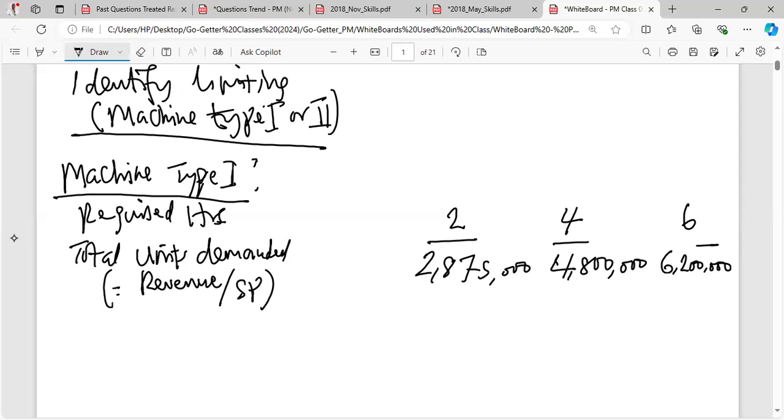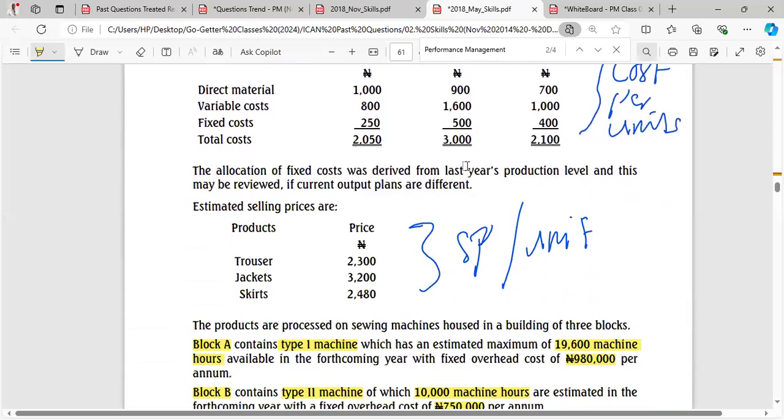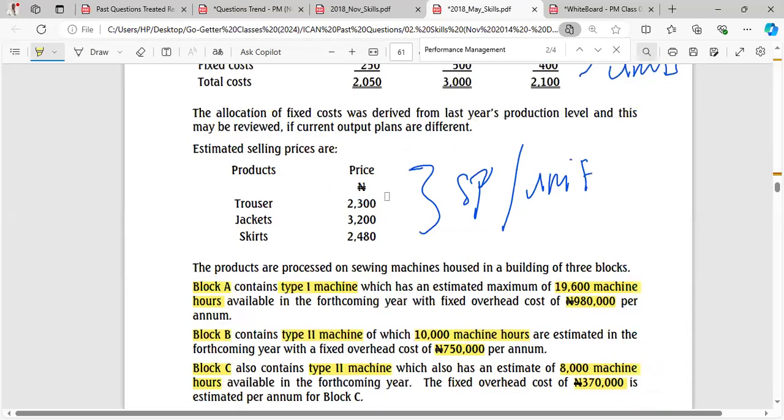Then we have our revenue now going to be divided by our selling price. Our selling price here is, we have the selling price before here, 2,332, 2,480.